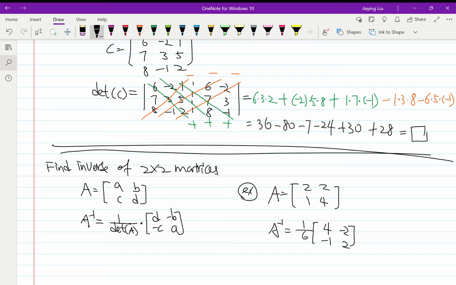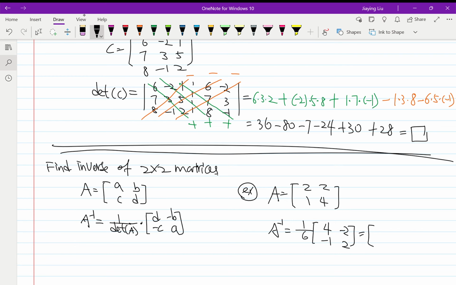So what I did is I switched those two elements on the diagonal, and then I made the other two numbers opposite. And then the last part is just to multiply everything by 1/6.